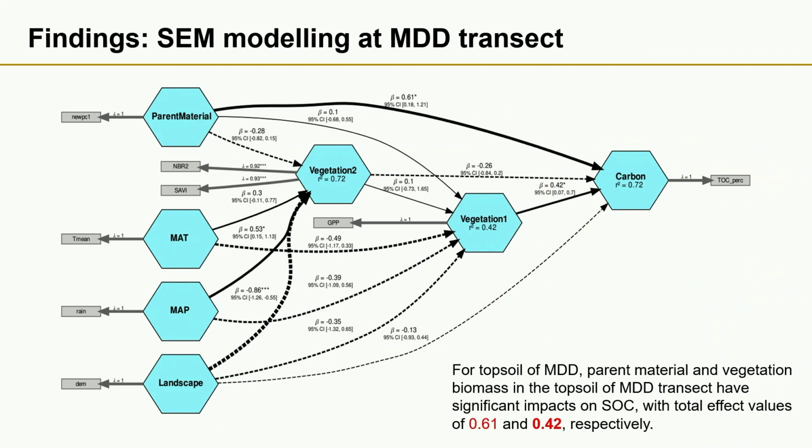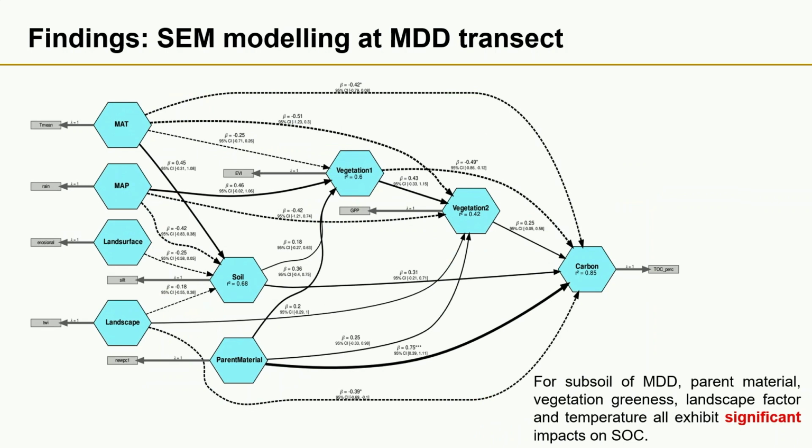This is the SEM modeling at the Murray Darling Depression transect. For the topsoil of the MDD transect, we found that parent material and vegetation biomass have significant impacts on soil carbon, with total effect values of 0.61 and 0.42 respectively.